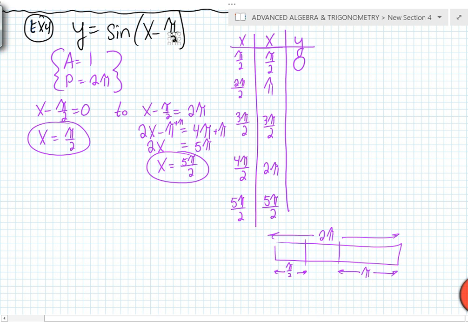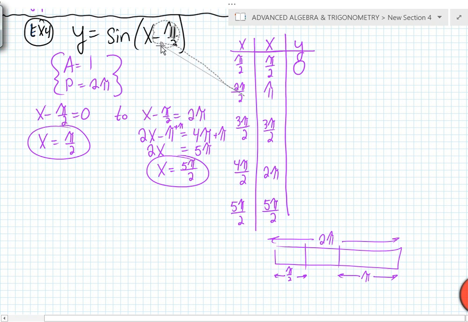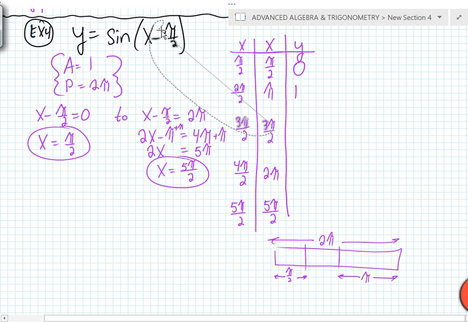But if I think of plugging in 2 pi over 2, so if I have 2 pi over 2's and I take away 1 pi over 2, I should have 1 pi over 2 left. The sine of 1 pi over 2 is 1, so I have an output of 1. 3 pi over 2. If I have 3 pi over 2's and I take away 1 pi over 2, that's 2 pi over 2, which is really pi, and the sine of pi is 0.